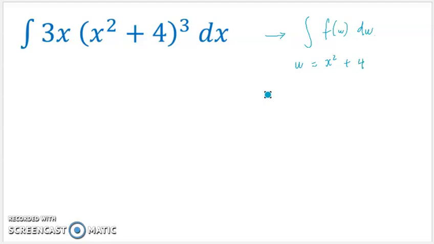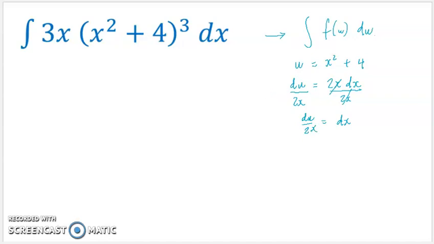Then we take its derivative with respect to x. That will be 2x dx. And we are going to get the equivalent of dx by dividing both sides by 2x. So dx now can be written as du over 2x.